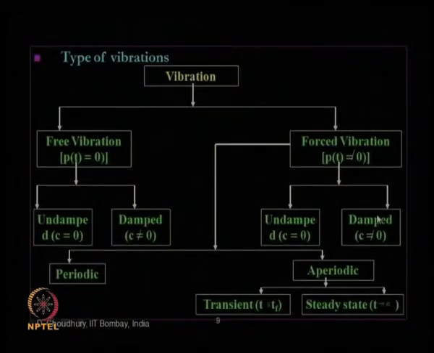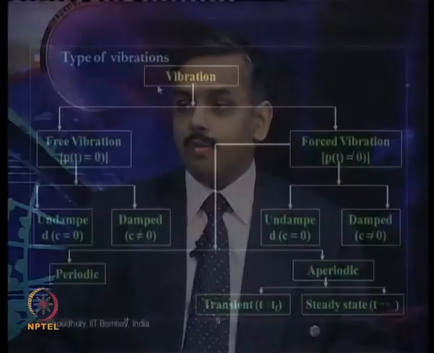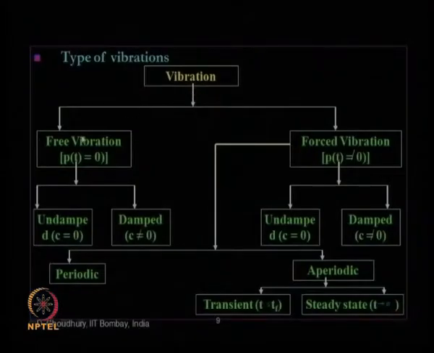Then in our previous lecture we had also seen the various types of vibrations. We classified vibration into two major categories, free and forced vibration. Free vibration is when there is no externally applied dynamic load acting on the system, that is P of t is 0, but forced vibration is when that is non-zero. Then within free vibration we had two categories, undamped free vibration and damped free vibration.